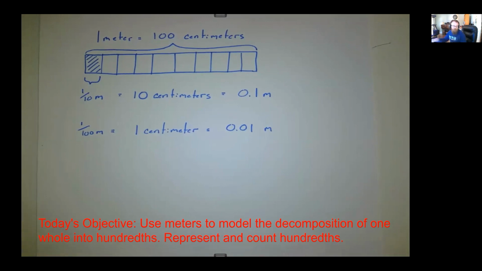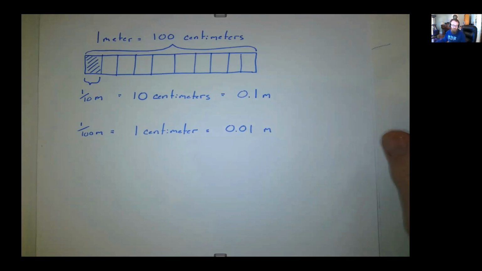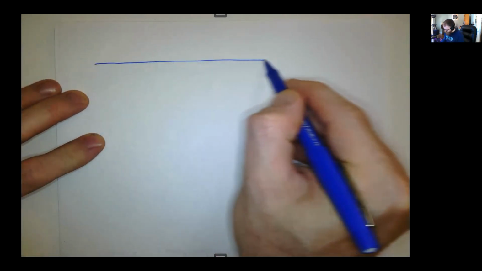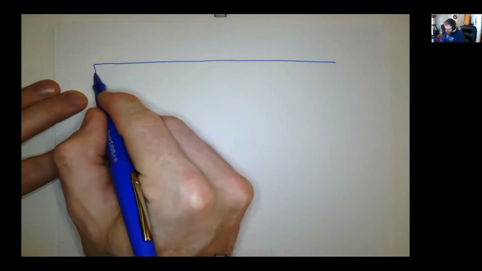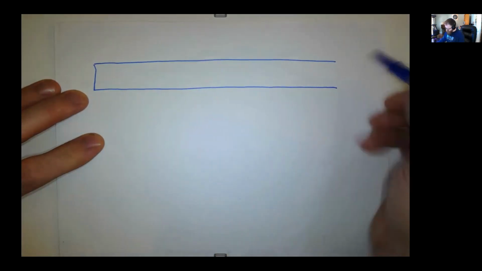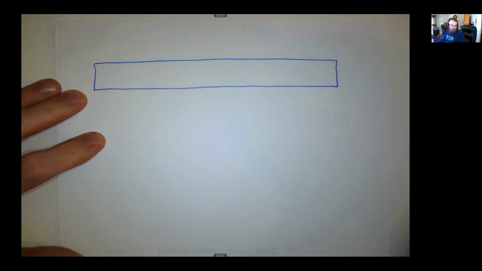This helps us understand how centimeters and meters are related, but also how we can separate a whole into tenths and 100ths. Let's draw a tape diagram again to show 1 meter, just like we did before. On a fresh piece of paper, use all the paper, draw a nice big tape diagram. Divide it into 10 equal parts.